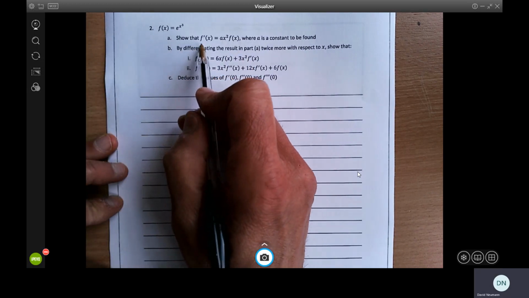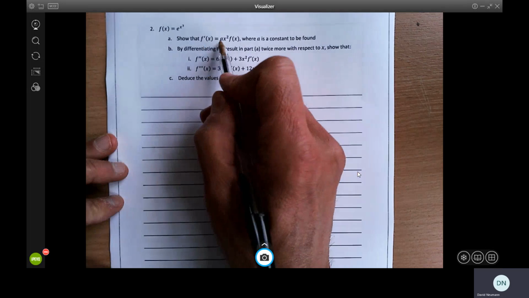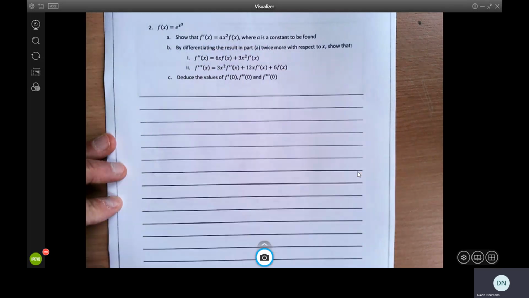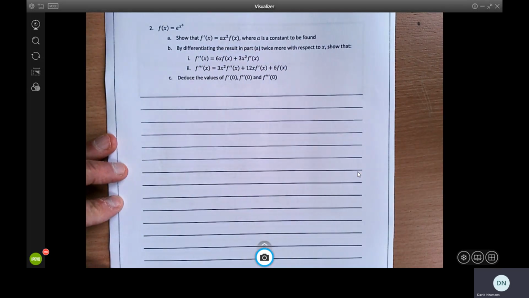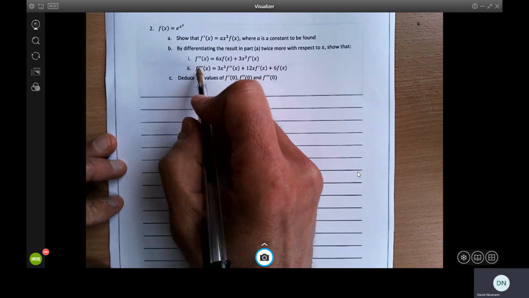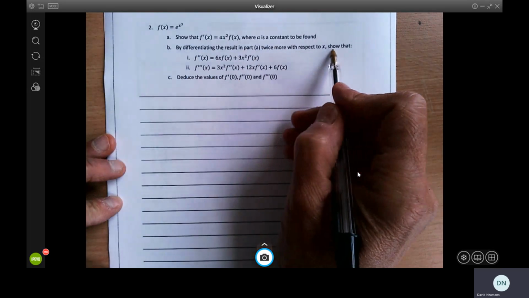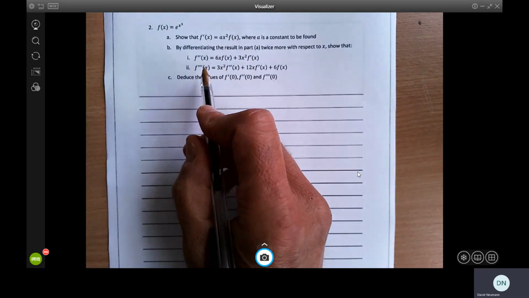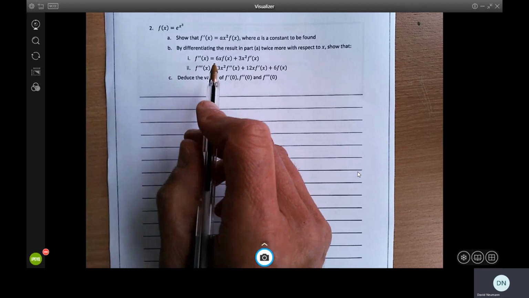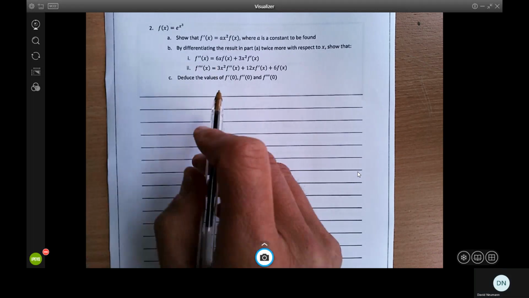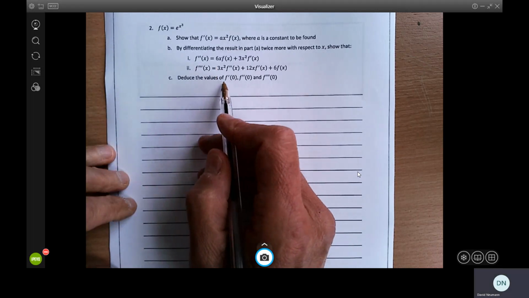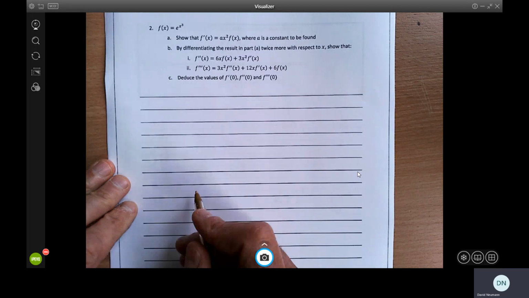Show that f dashed of x, the derivative, is a x squared times f of x, where a is a constant to be found. And then we're going to differentiate twice more and show that the next two derivatives can be put in this form. And we're going to find the values where x equals 0.